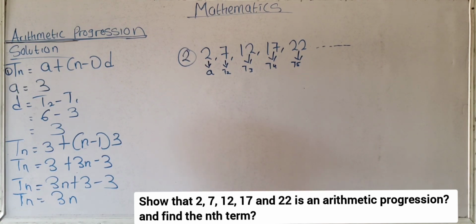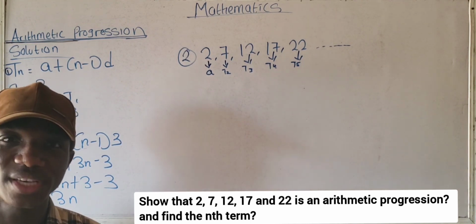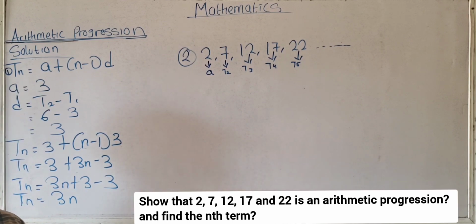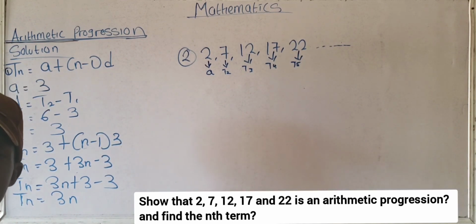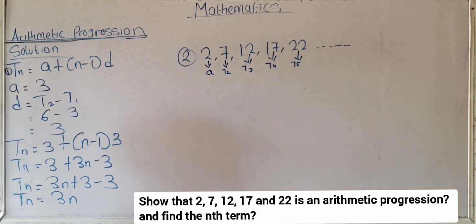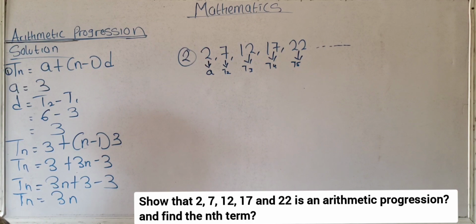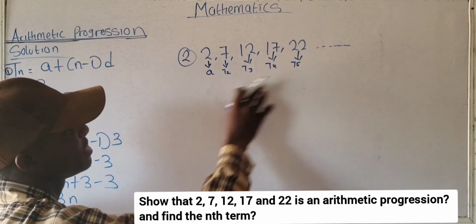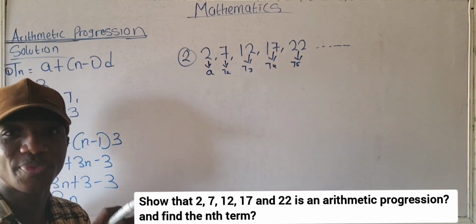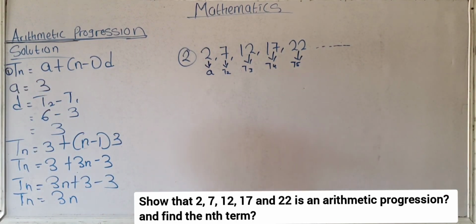Because an arithmetic sequence is a type of sequence in which two successive terms differ by a constant common difference. Any sequence that has a constant common difference is called an arithmetic progression. So, to be sure that this sequence is an arithmetic progression, they must have a constant common difference.